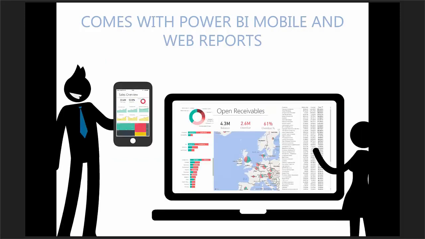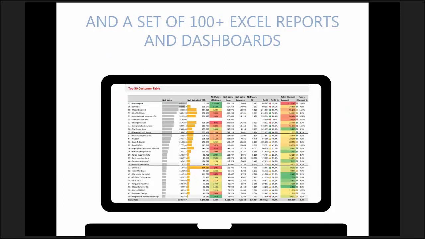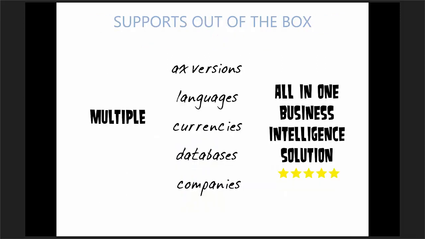All this comes out of the box, standardized, with very friendly pricing and a combination of features that are not seen on the market, because our solution, the reference to AX, supports multiple AX versions, languages, currencies, and databases.